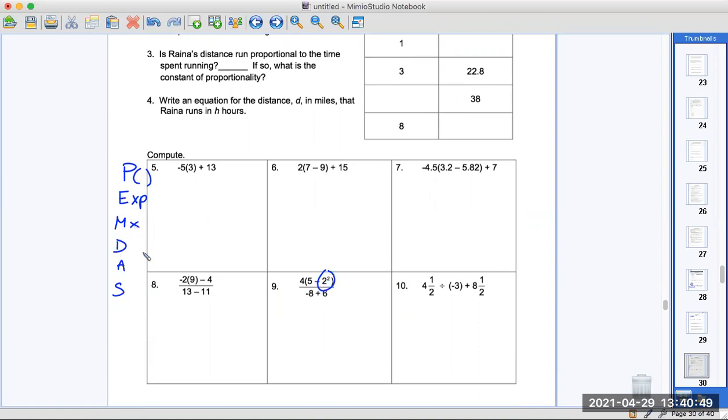Then multiplying and dividing are in the middle, but these are equally important, whichever comes first in the problem. Adding and subtracting are always last. Again, these are equally important to each other, whichever comes first in the problem. So try these. That's it. It's quite a bit, right, guys? Gives you something to do today and tomorrow.